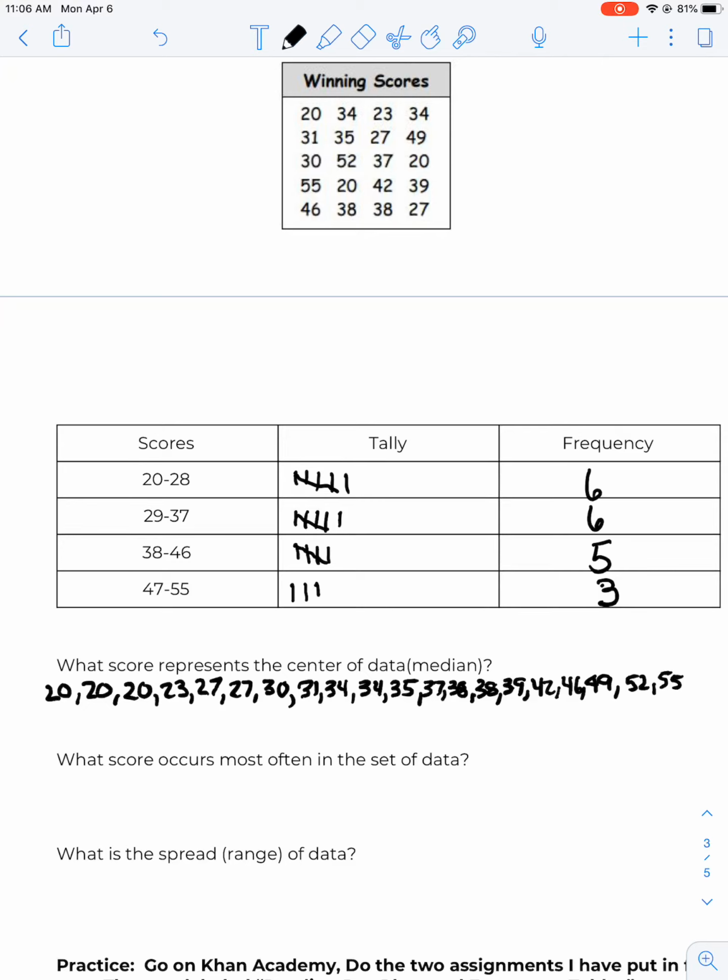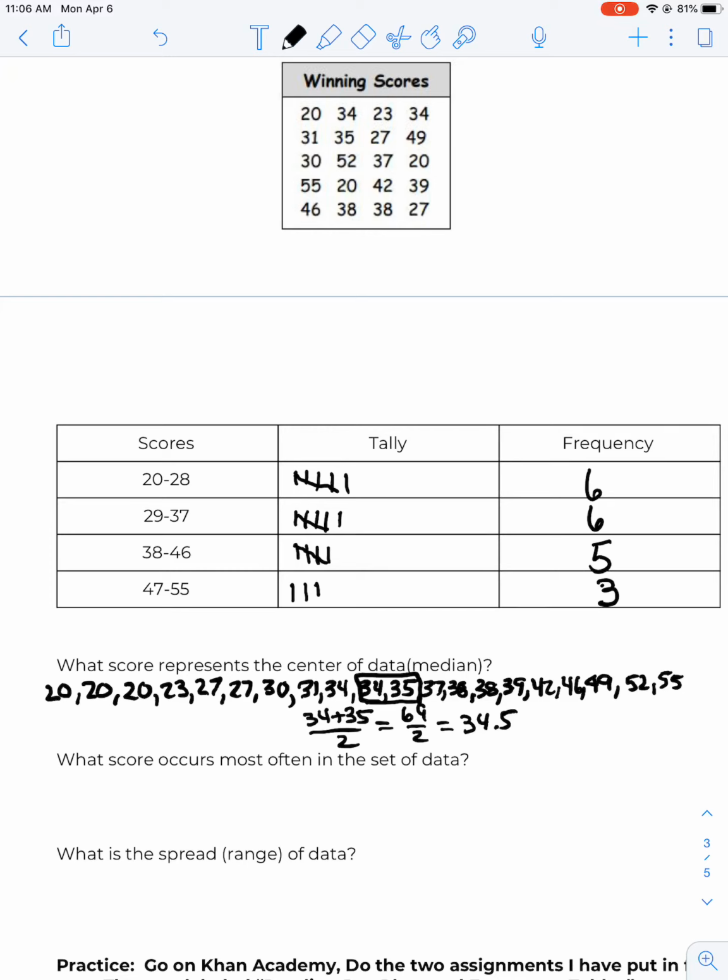Okay, so we take our middle two numbers, which is 34 and 35, these two right here. We add them together and divide by 2. So it's 69 divided by 2, which is 34.5. And that's our middle number, our median.